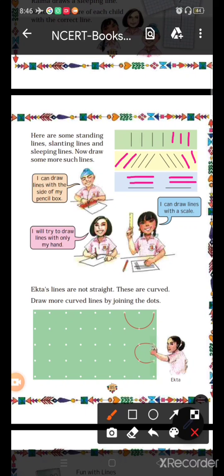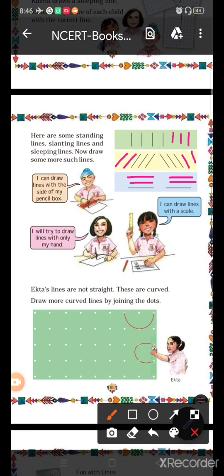Now, Jasbir said, I can draw lines with the side of my pencil box. If you have no ruler, if you have no scale, you can use the side of a pencil box. You can use your pencil box as a ruler.